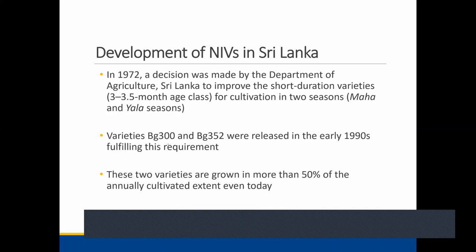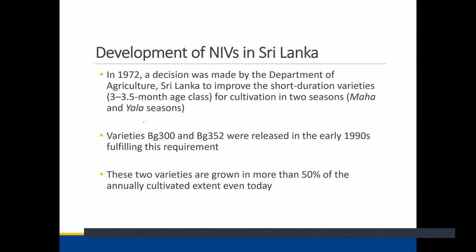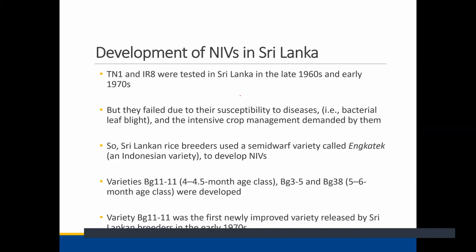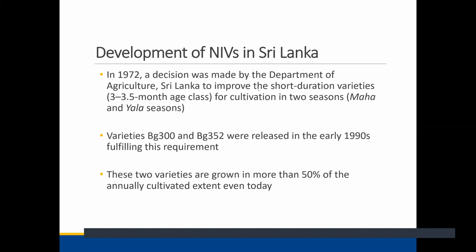So what I was explaining is that since you couldn't see the slides: earlier, most of the newly developed improved varieties were more than 4 months old. So they wanted to reduce the duration so that farmers can cultivate 2 seasons.